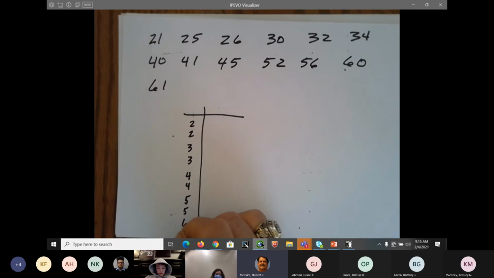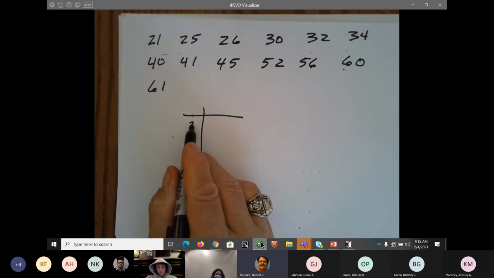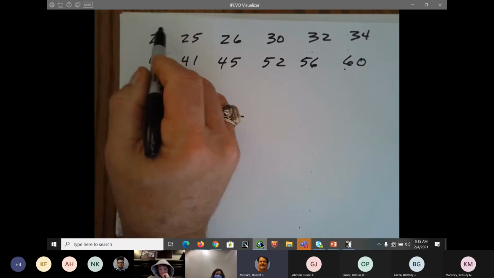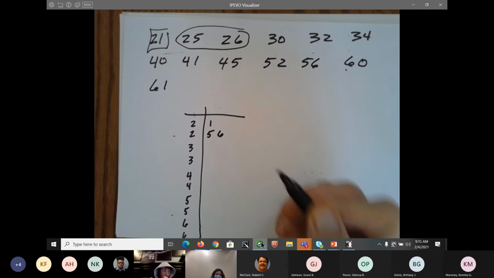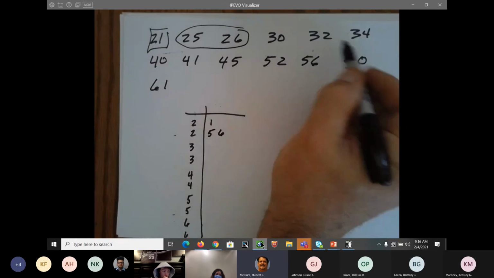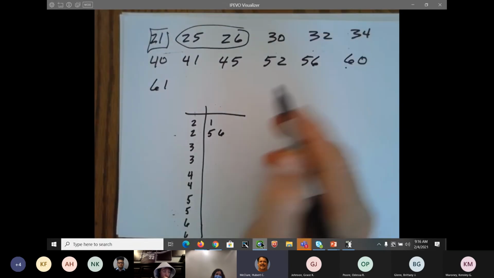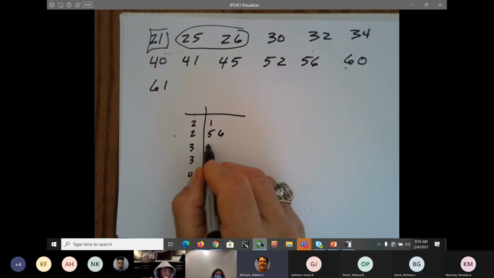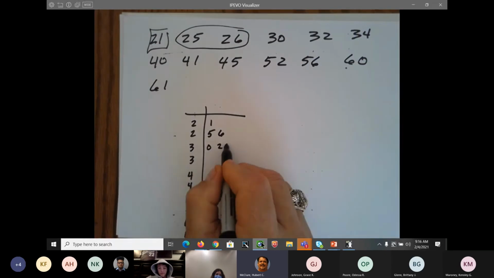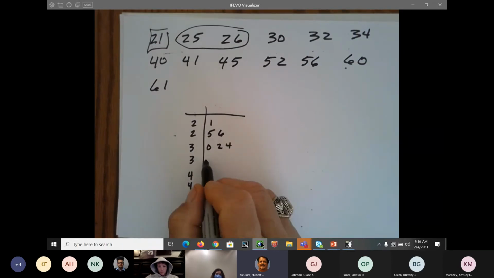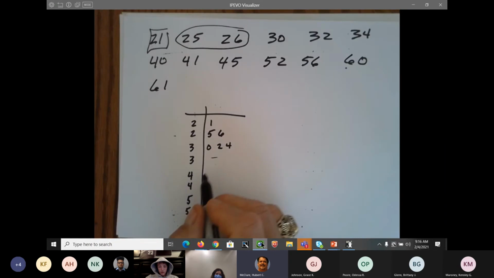The bottom digit is for 0 to 4. So that would be that one. And then I've got a 5 and a 6. So that 5 right there and that 6 will go right there. 0, 2, 4. So those would all go here. 0, 2, 4. I don't have anything 5 or above, so nothing goes there. 4.